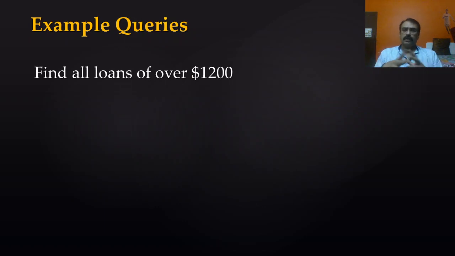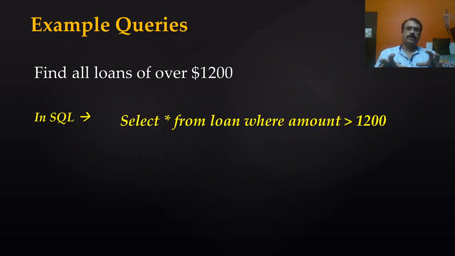So the very simple query: find all loans over 1200. The relation which will be used here in this case will be loan. When I write the query in SQL, it is a simple query: select star from loan where amount is greater than 1200.